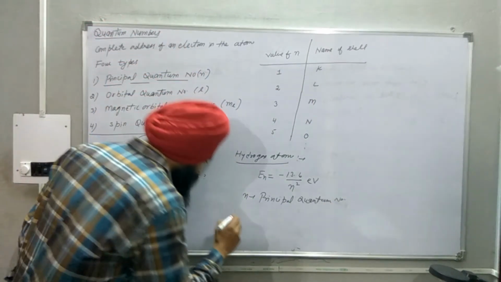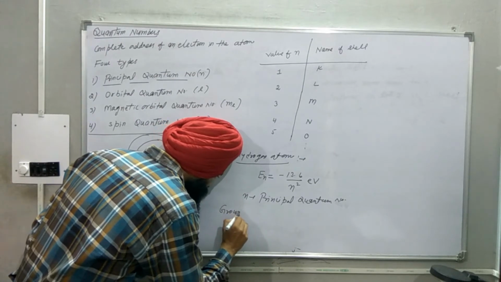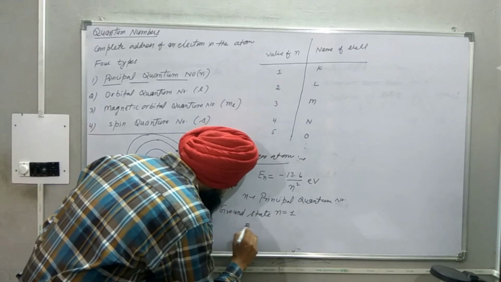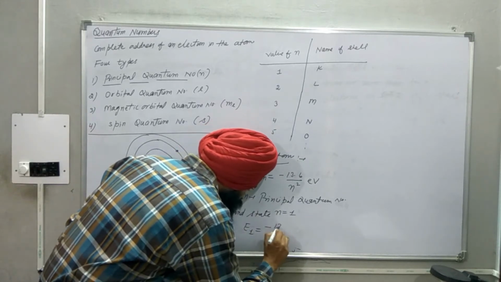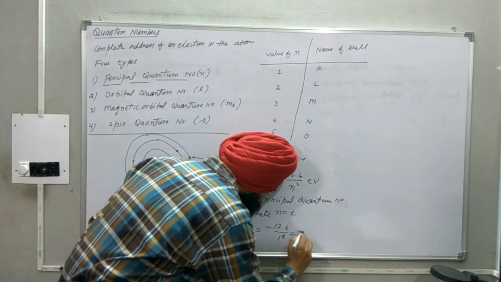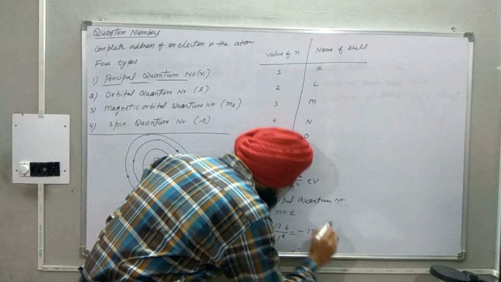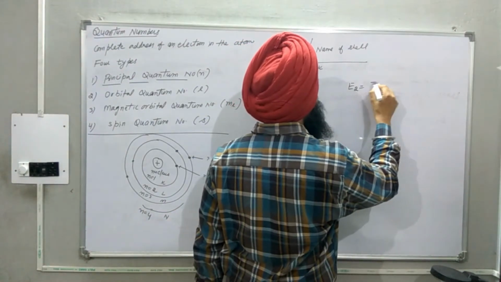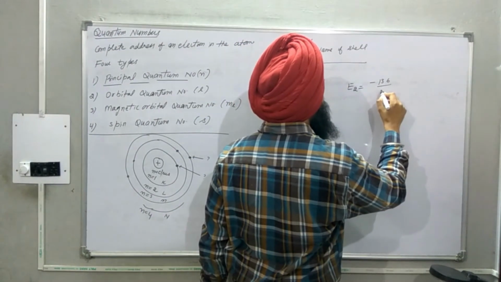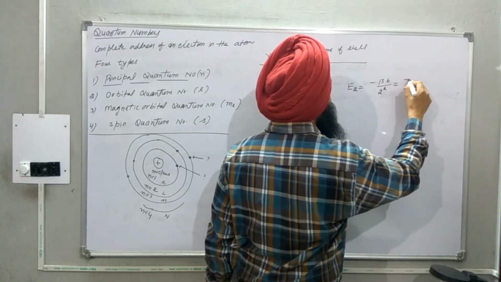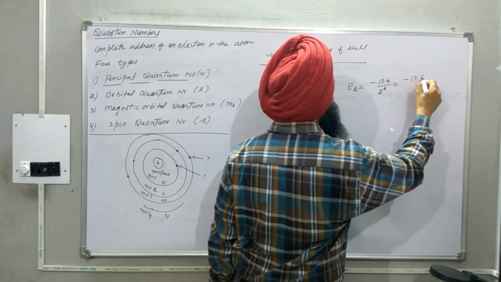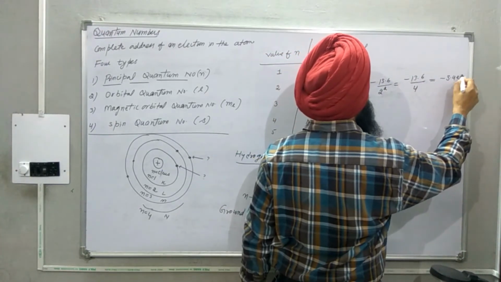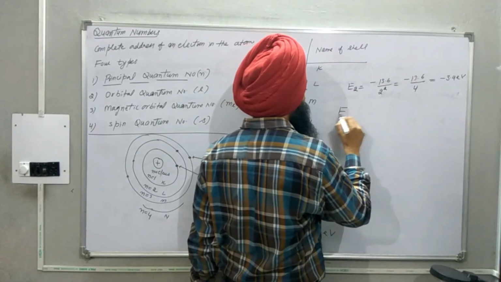Ground state means n is equal to 1. Then E1 is equal to minus 13.6 upon 1 square, which is equal to minus 13.6 electron volt. Further, we can take the value of n is equal to 2. E2 is minus 13.6 upon 2 square. This is equal to minus 13.6 upon 4, which is further equal to minus 3.4 electron volt.